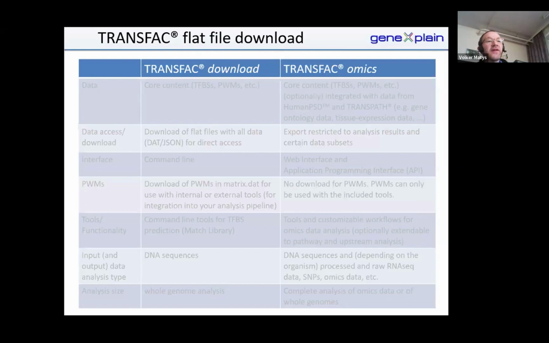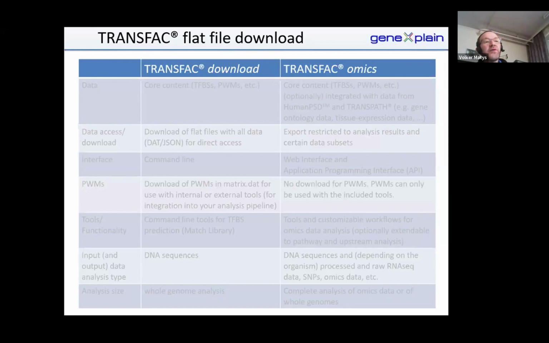Okay. I want to give a brief comparison between the download and the online version. The online version is available in various packages, and here I'm showing specifically the omics version.